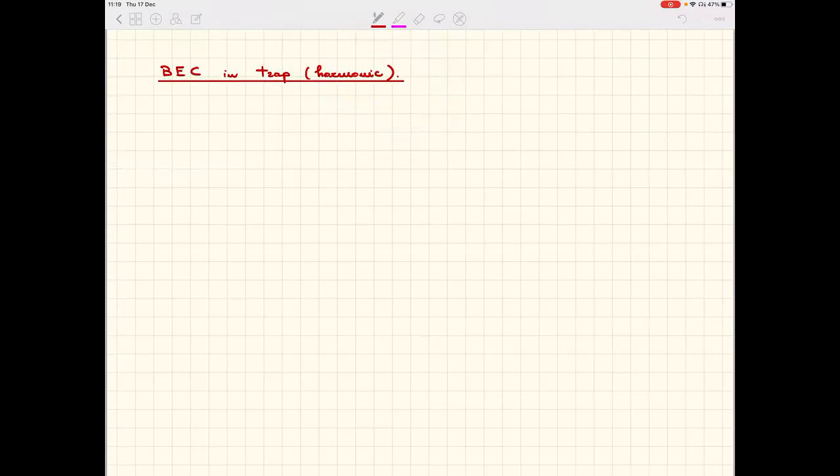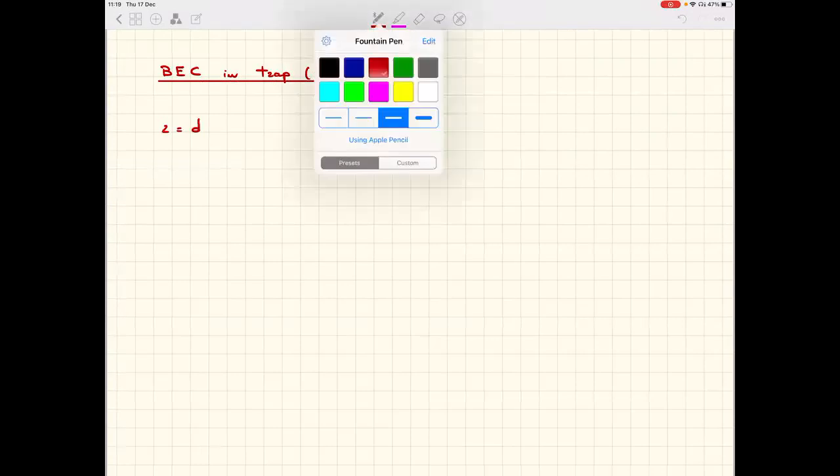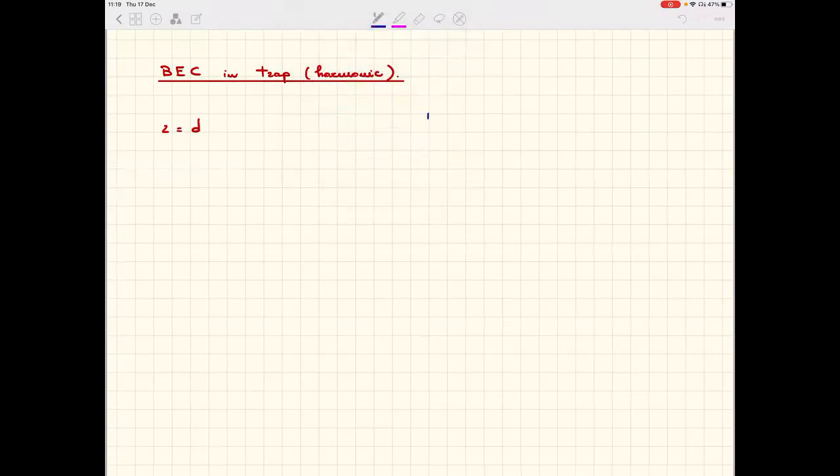So what does it mean to be in an harmonic trap? For example, let us focus on two dimensions, D equal to 2, and let us consider a system that is sitting in a potential that looks like this.